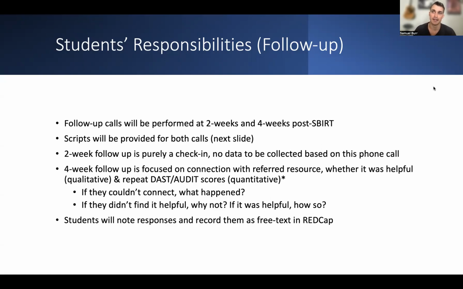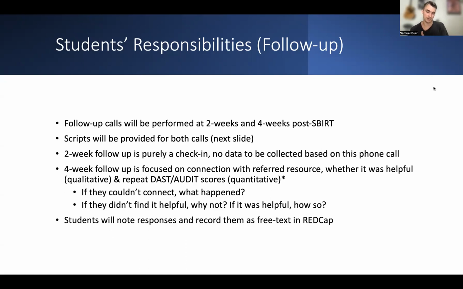It's worth noting that for both of these follow-up calls, there is a script that provides some protection with regard to if the patient says, hey, I have this medical question and I want you, the student, to answer this or provide me with medical advice.